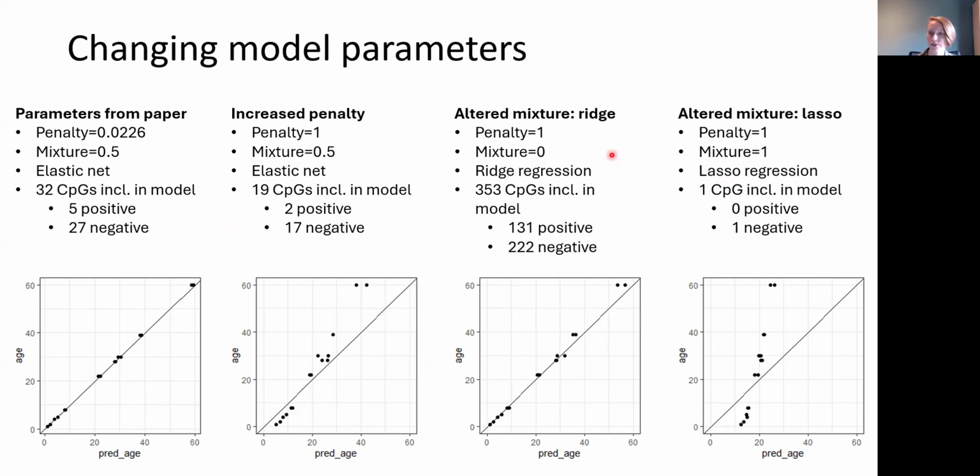We could also alter it so we only use ridge or we only use lasso regression rather than using elastic net. I kept the penalty higher here because it's easier to see. So for ridge regression, we put mixture at 0. In this case, we have all 353 CPGs included in the model because it uses the squared penalty, so it will keep everything.